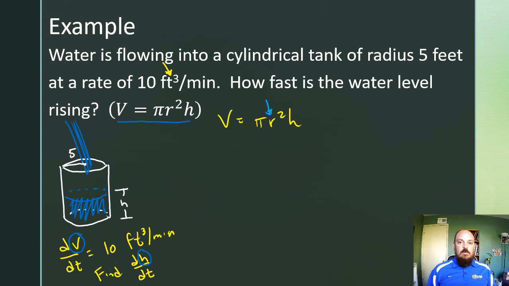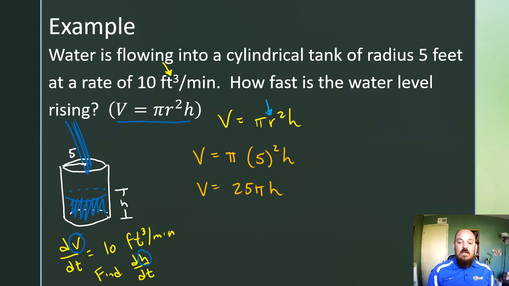In the last example, we got rid of it by using a relationship, like the width was twice the length, so we put a variable in there. Remember what I said, r is a constant. R is just 5, so it's even easier to get rid of it this time. I'm just going to say volume equals pi times 5 squared times h, or basically, volume equals 25 pi times h. Nice, easy one. And now we're ready to take the derivative.